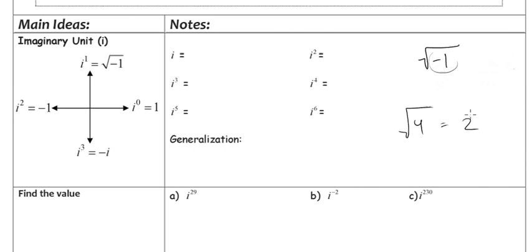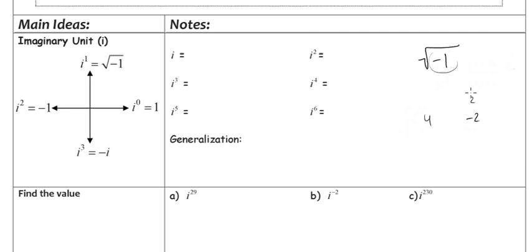Now 2 squared, if I were to square that, gives me 4. But there's no number that, if I square it, I can end up with a negative inside of here. Regardless of what we do, if we start with a -2 and square it, that gives us +4.